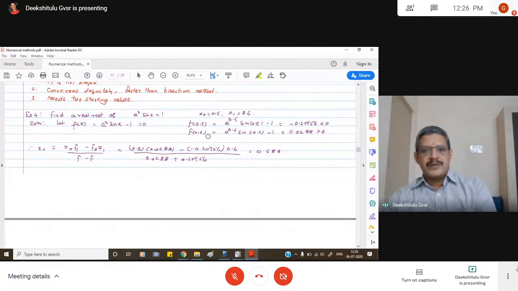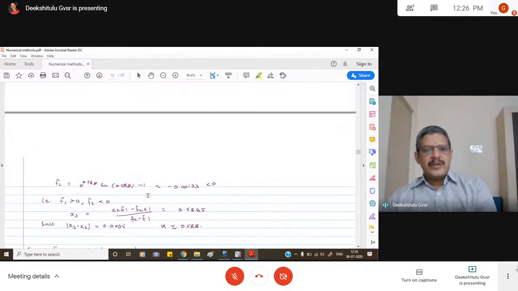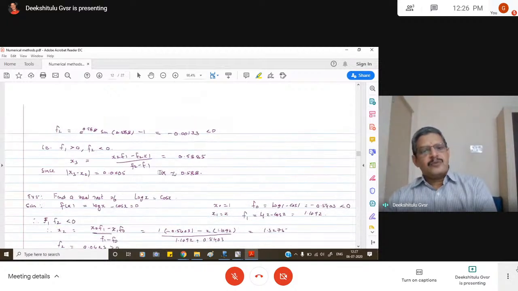f1 greater than 0, f2 is less than 0. So the root lies between x1 and x2. So x3 is (x2 f1 - x1 f2)/(f2 - f1).